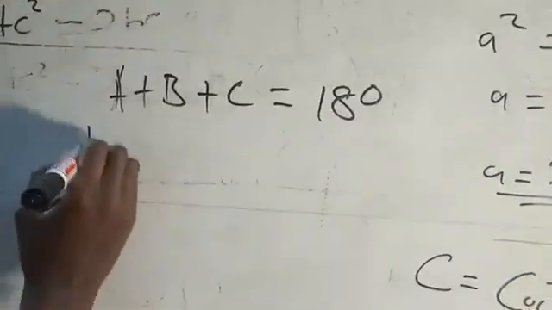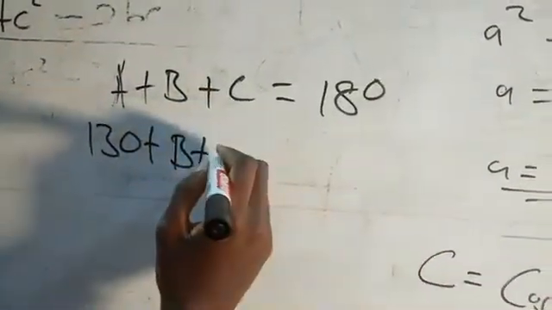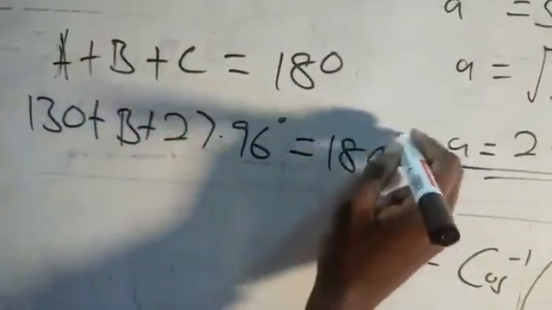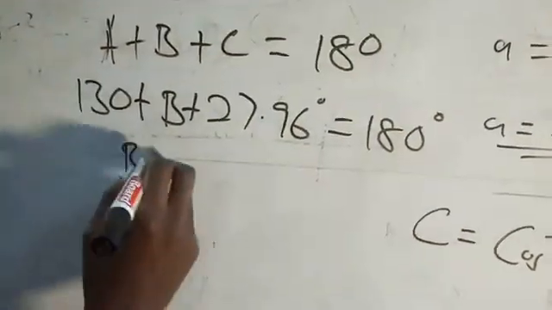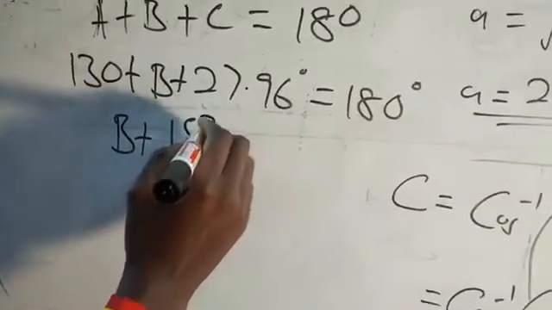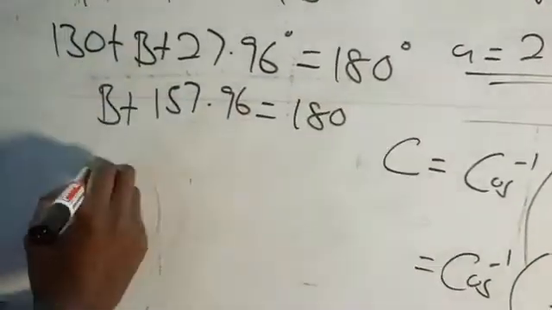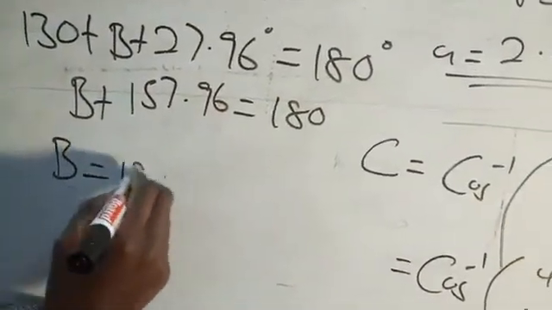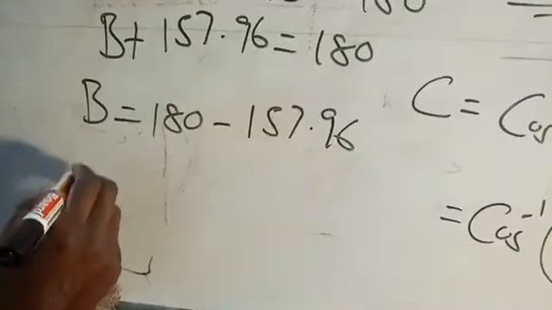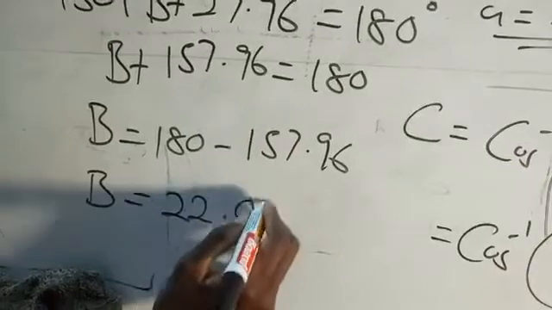So A was 130 plus B plus C, which is 27.96 degrees, equals 180. So B plus 157.96 equals 180. B will be equal to 180 minus 157.96. B equals 22.04 degrees.